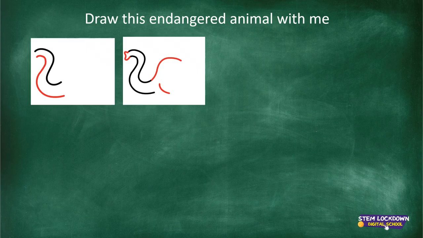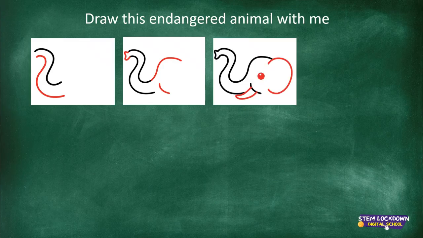Okay. Got that. Now add the ears, the tusks, and the eye, all the parts shown in red. An interesting thing about this animal's ears is they're the shape of Africa. In real life, they're the shape of Africa.